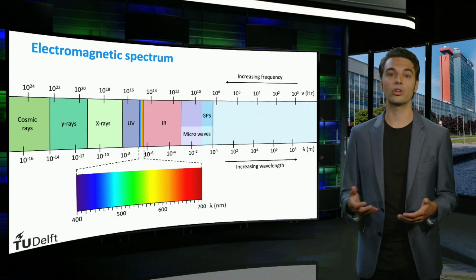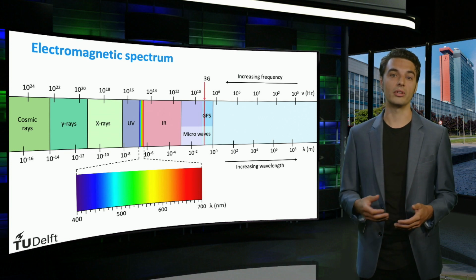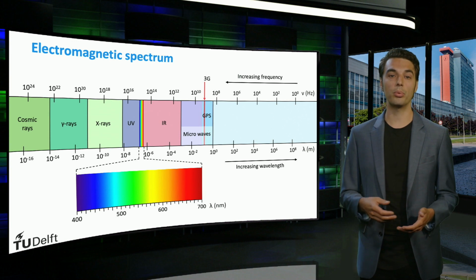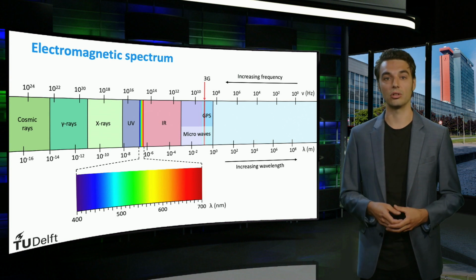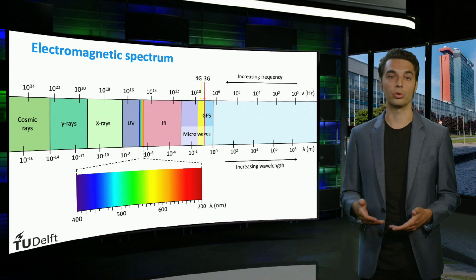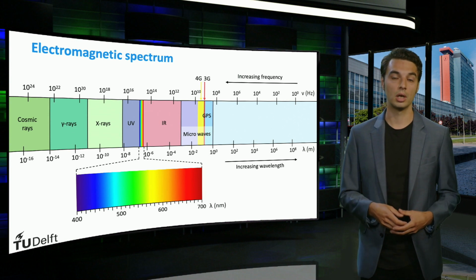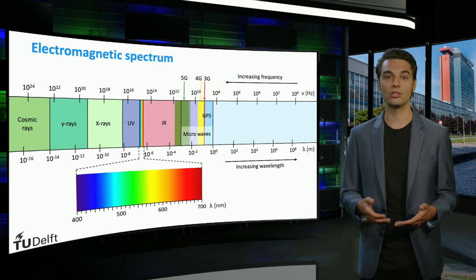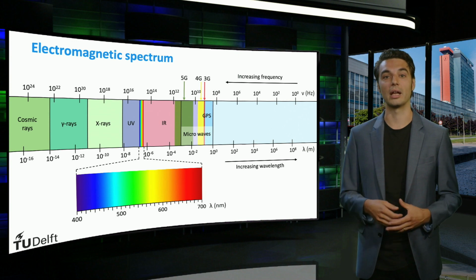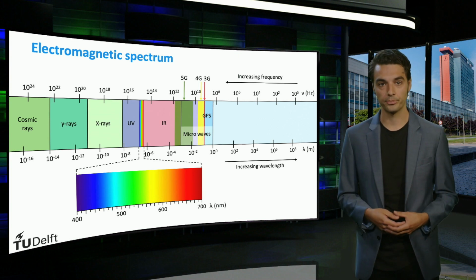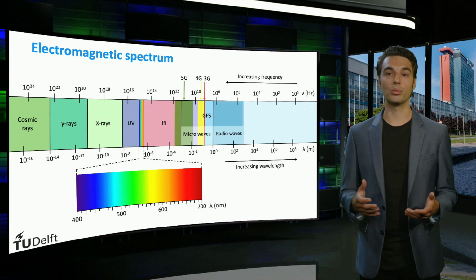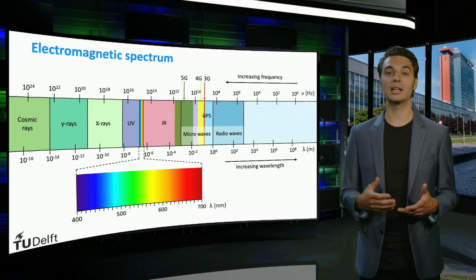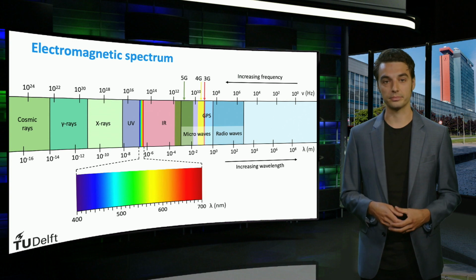In addition, third generation mobile networks, abbreviated 3G, operate in a 1.6 to 2.1 GHz range, while 4G is working in a 2 to 8 GHz range. The 24 to 70 GHz range is used for the current high frequency band of the 5G technology. Electromagnetic waves with a wavelength between 1 meter and a kilometer are in the radio wave part of the spectrum.